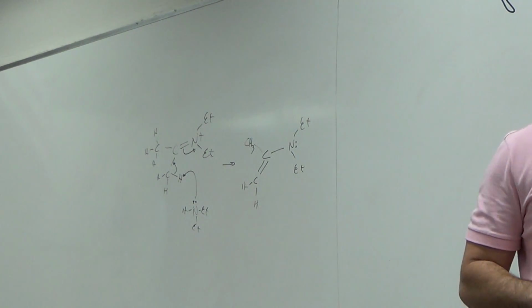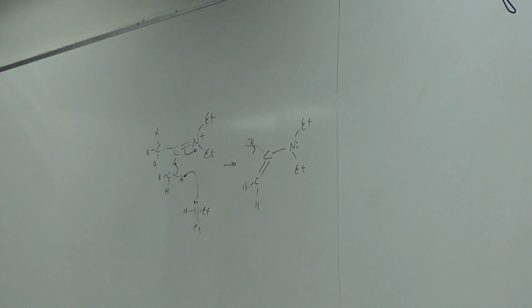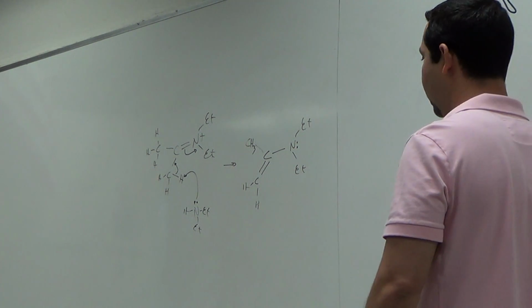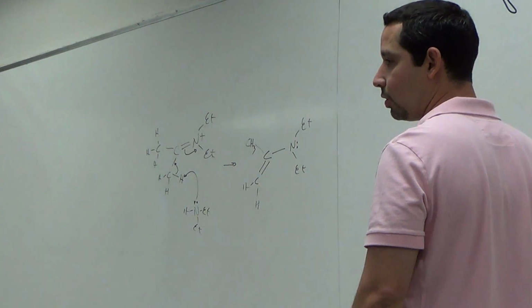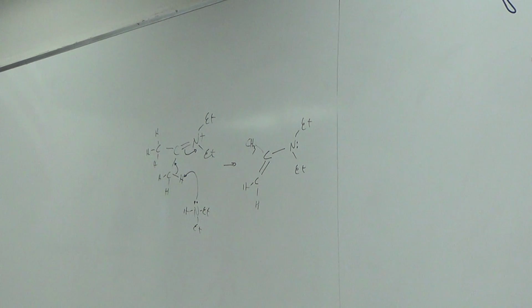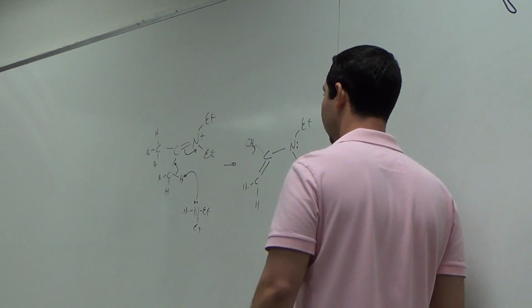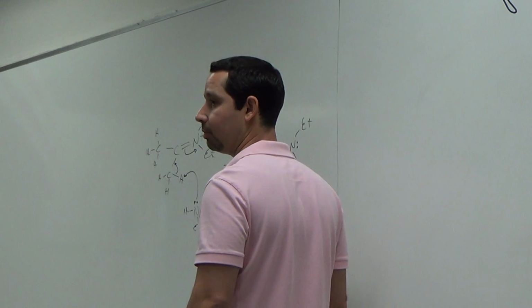How do we show which step comes first? If you get this deprotonated versus that protonated after, I don't know. Deprotonation of the amine or protonation of the alcohol, it doesn't matter.